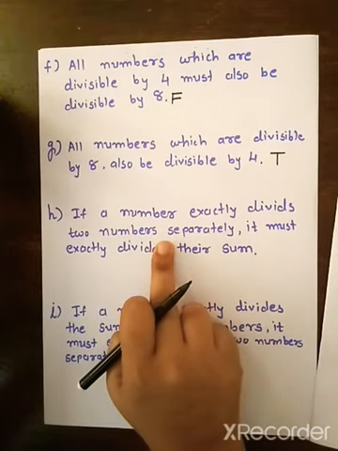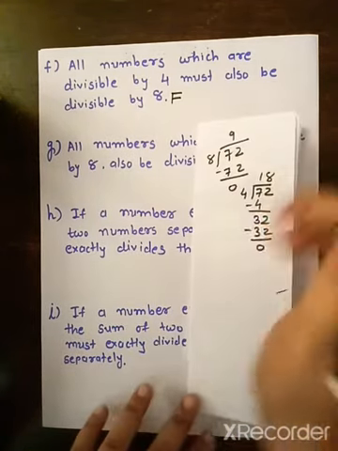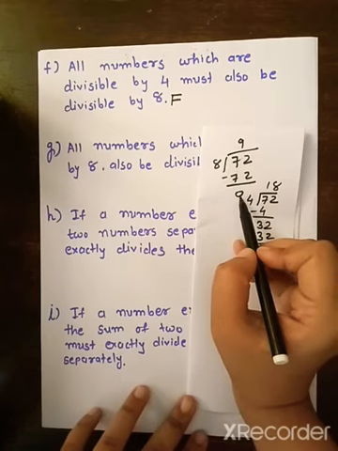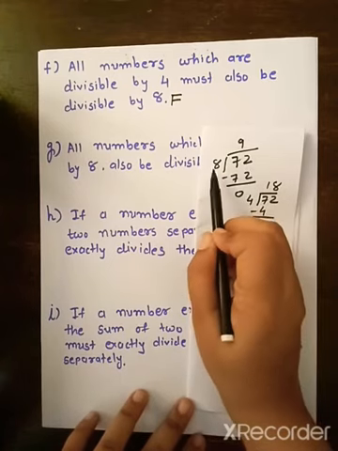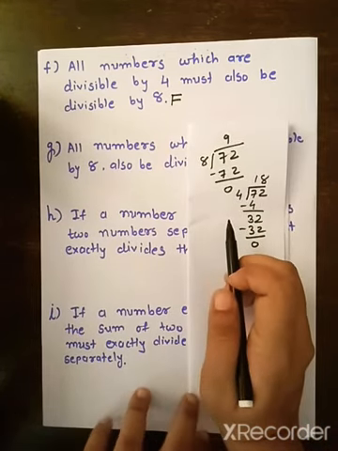What do we mean by exactly divides? When we divide a number by another particular number, we get remainder 0. Just like here we divide 72 by 8, so we get remainder 0. So we can say that 72 is exactly divisible by 8. Same here, 72 is exactly divisible by 4.